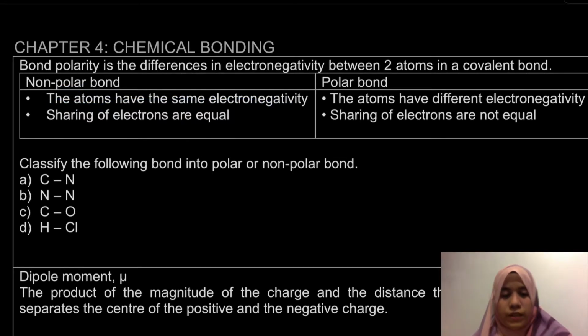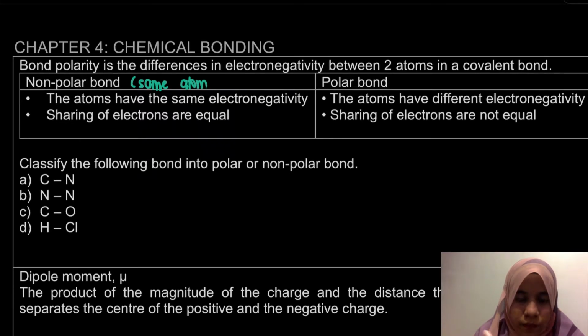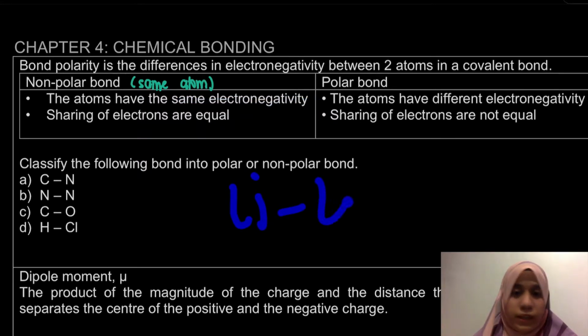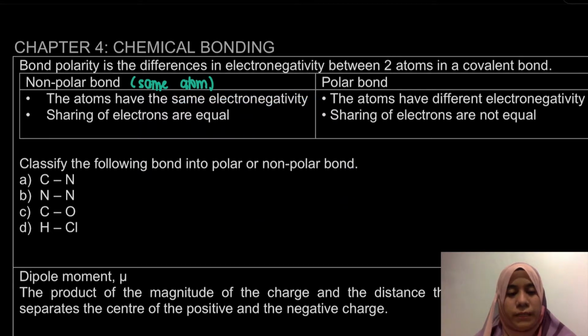To simplify, a non-polar bond is when the bond has the same atom on both sides. For example, a bond between lithium and lithium has the same electronegativity because it is the same atom, where the sharing of electrons is equal.